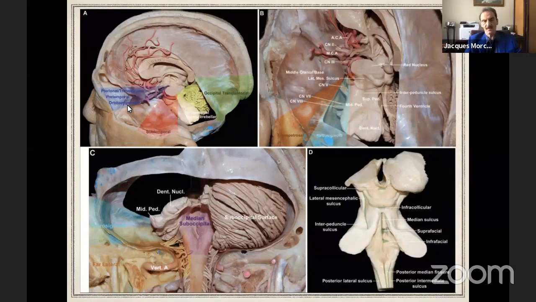I'm going to be describing them a little bit later, but this is a quick schematic of what those approaches are, whether you do terminal, cranioorbital, cranioorbital-zygomatic, subtemporal, whether you do retrosigmoid, or infratentorial supracerebellar, or interhemispheric occipital, transtentorial, posterior transpetrosal approach, retrosigmoid again here, whether you do Kawase from the front, or midline suboccipital, or the very useful far lateral approach here. All of those, and even a few more, can get you there.